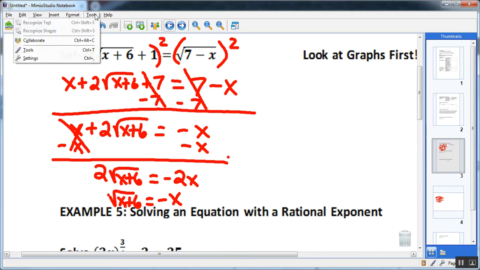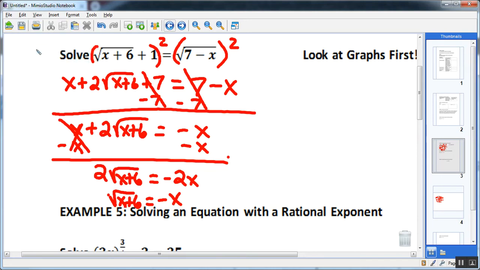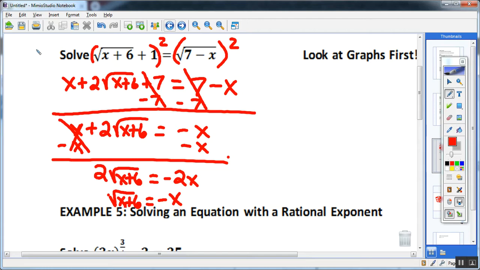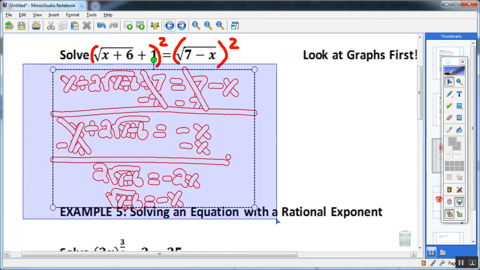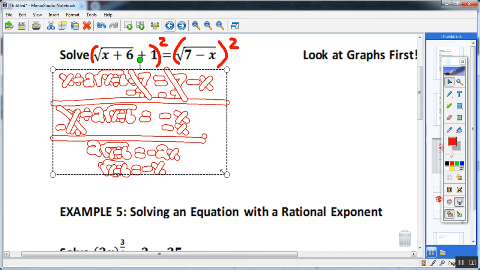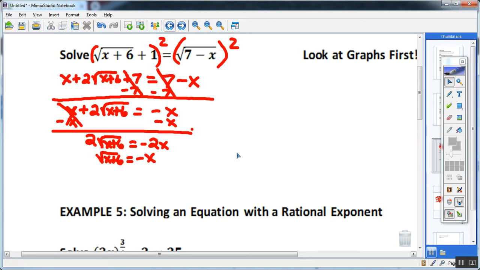What's my next step now? We're going to square this, right? So, right here, let me make some room for this next step. Okay, if I go ahead and square everything now, right here and here, what are you going to get on the left side here, kids?